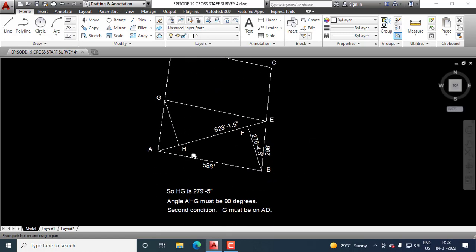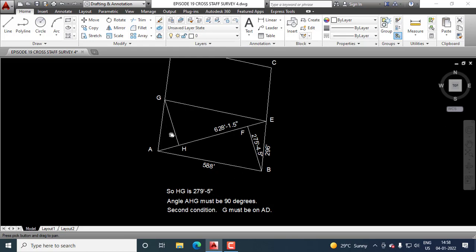So HG, this offset, we want to construct. The length of this offset as per our calculations is 279 feet 5 inches.